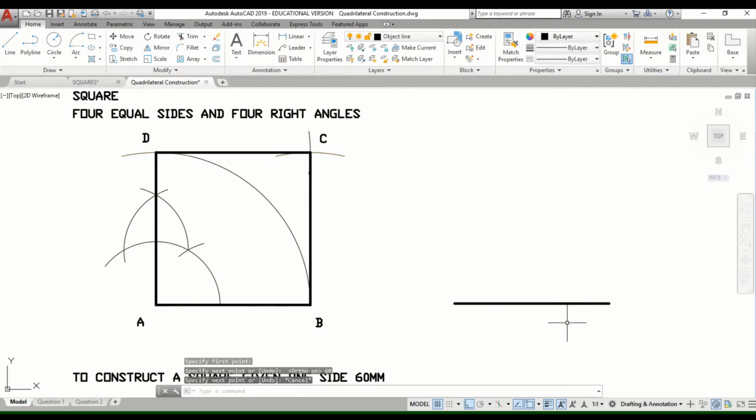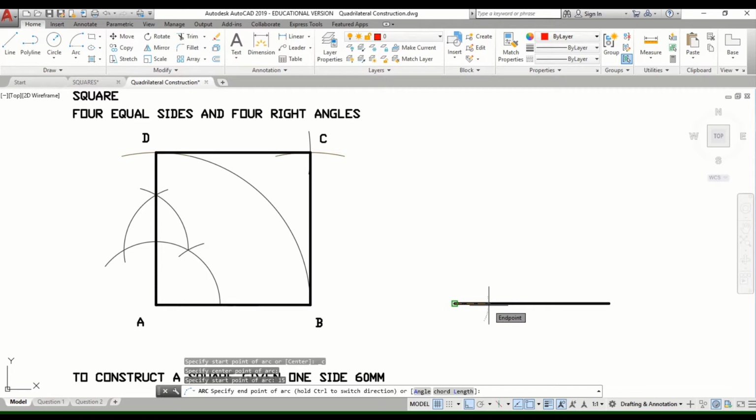So escape the line tool, and we will now construct our 90-degree angle. I will choose a construction line, and we will be using the arc tool, center start end, and we begin by drawing the construction for the right angle. We will use a figure of 15 centimeters, which is convenient.